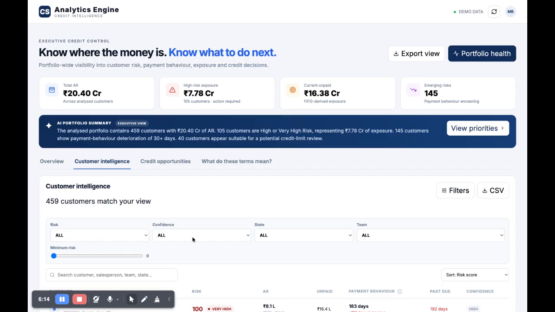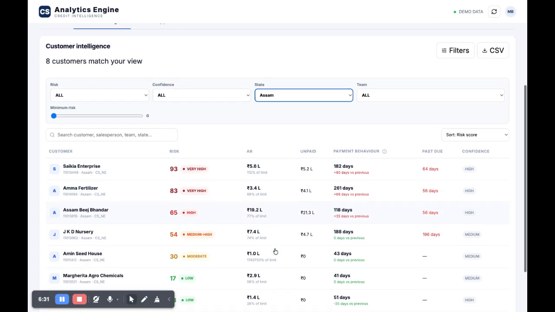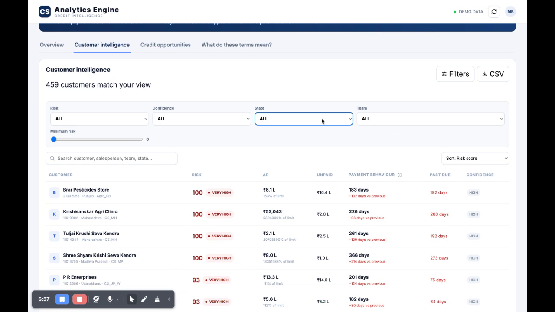Confidence level is the confidence level of our AI system, how confident we are with these recommendations and this risk score. And let's say we want to see it for a particular state, let's say Assam. I'm actually first removing this filter.